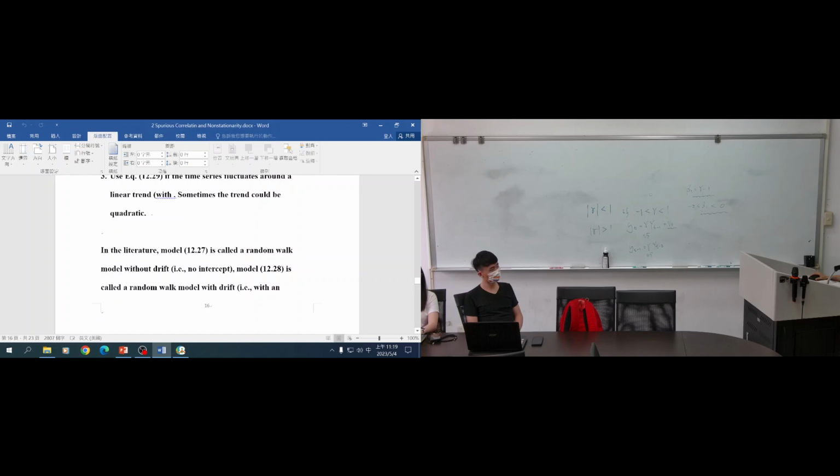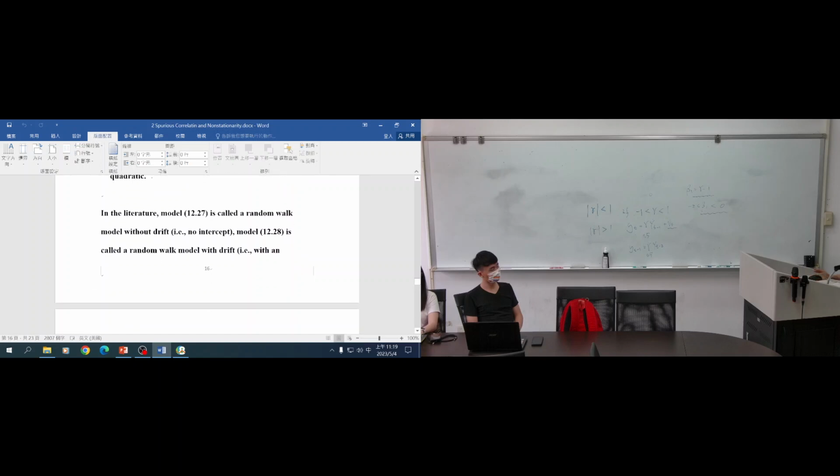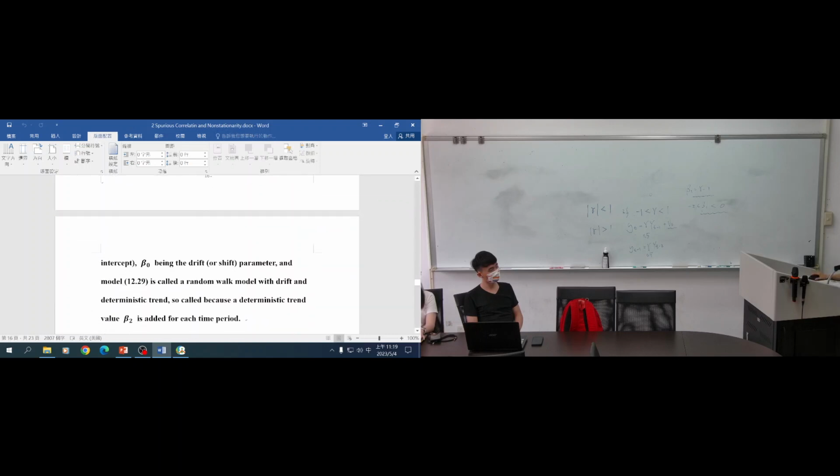Then in the literature, model 12.27 is called the random walk model without drift. That means without a constant. Without drift means no intercept. Model 12.28 is called the random walk model with drift, with beta 0 being the drift parameter.